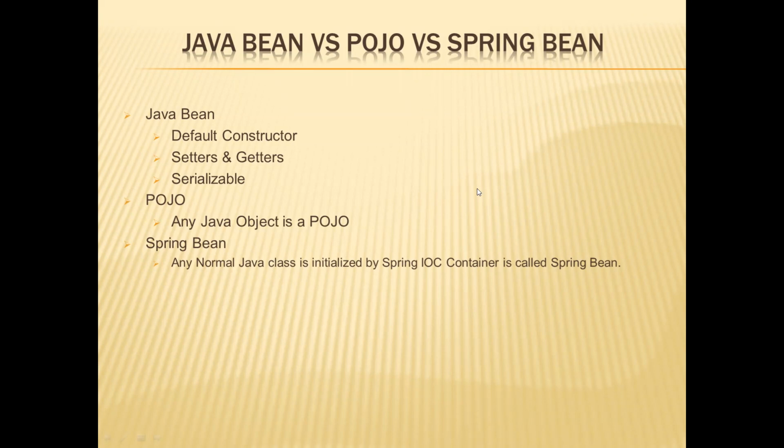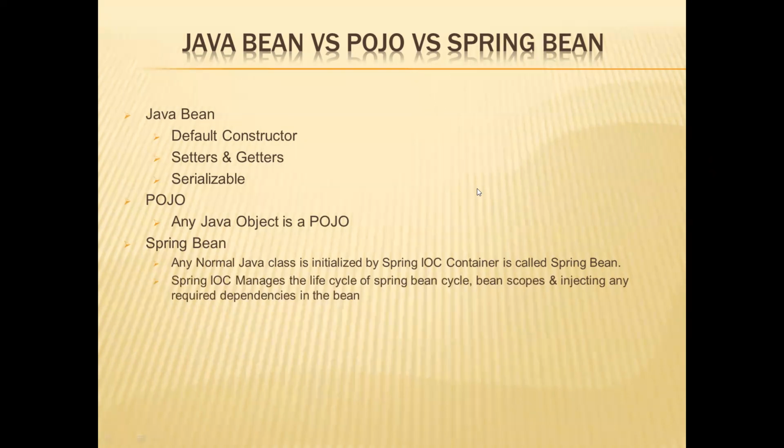The IOC container manages the Spring Bean. Why? This IOC container manages the life cycle of your Spring Bean, bean scopes, and dependency injections. Everything is taken care of by your IOC container. This is the difference between the Java Bean, POJO class, and Spring Bean.